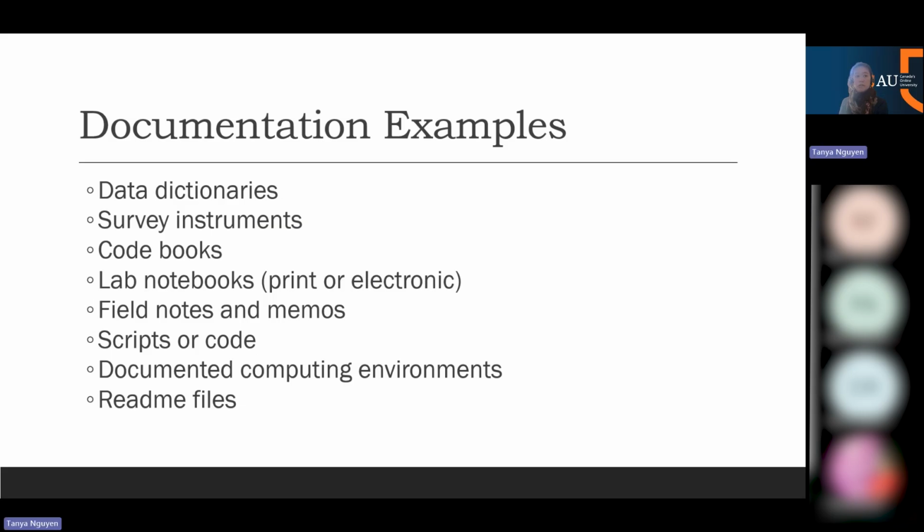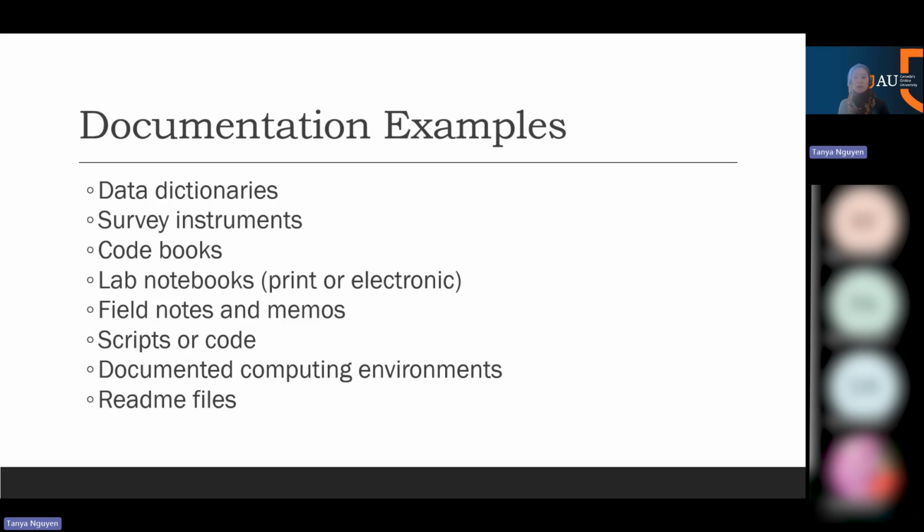Okay, so these are some documentation examples. So potentially you need additional documentation, and again, these are very research specific to your discipline. So some common types are data dictionaries, and data dictionaries explain the variables and how they're all coded.